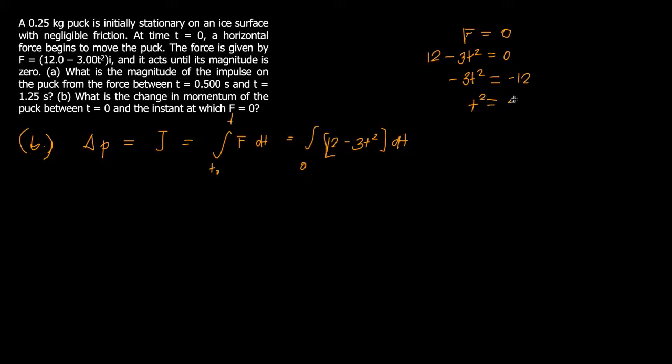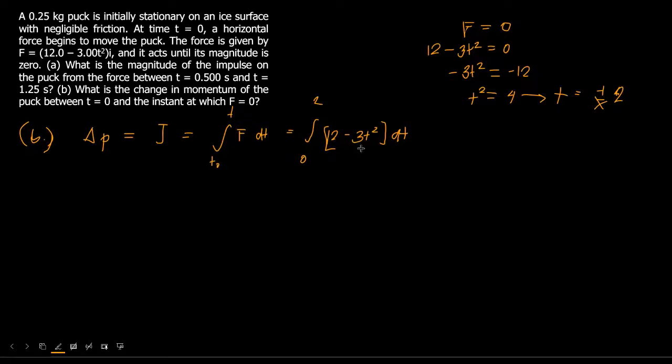That's going to be t squared equals 4, yielding a t value of positive or negative 2. Okay. Since hindi naman after ng t equals 0 yung negative 2, we'll disregard this value and therefore we'll only use the positive value, which is 2.